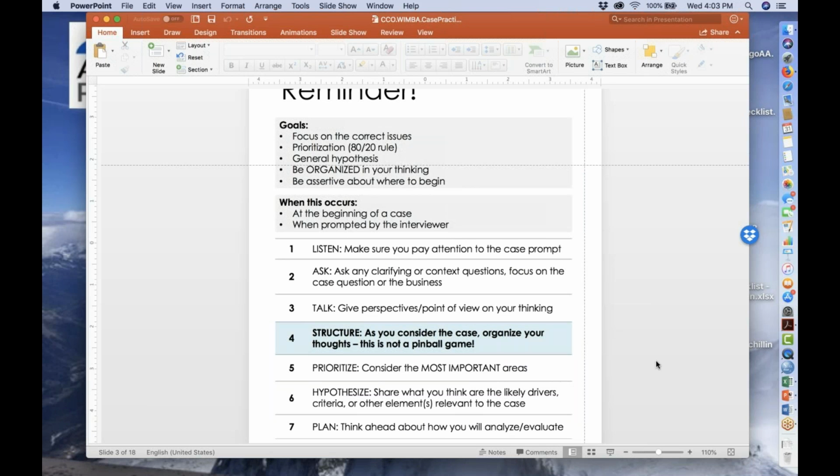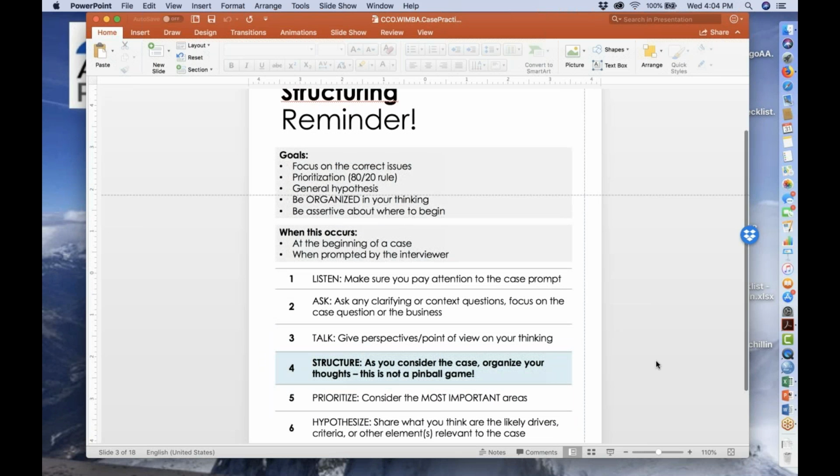All right, let's move to the work we're going to do. We've done some of the structuring in the past, and it's not going to be anything different. What I want to make sure you're doing is really listening to the case prompt. For this session, I'm not going to have you ask clarifying questions, but for some of the following webinars, these last four, I'm going to find a way to get that interaction.